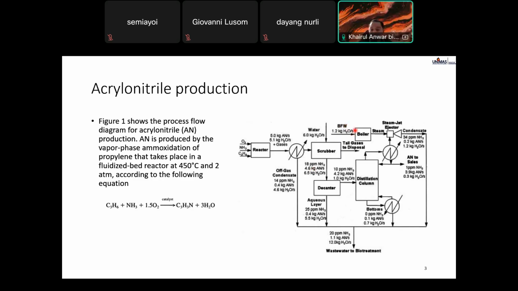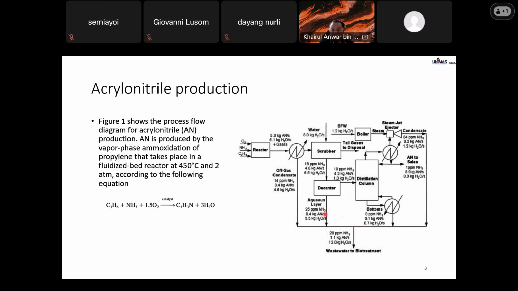Okay. So the boiler is including the gases.